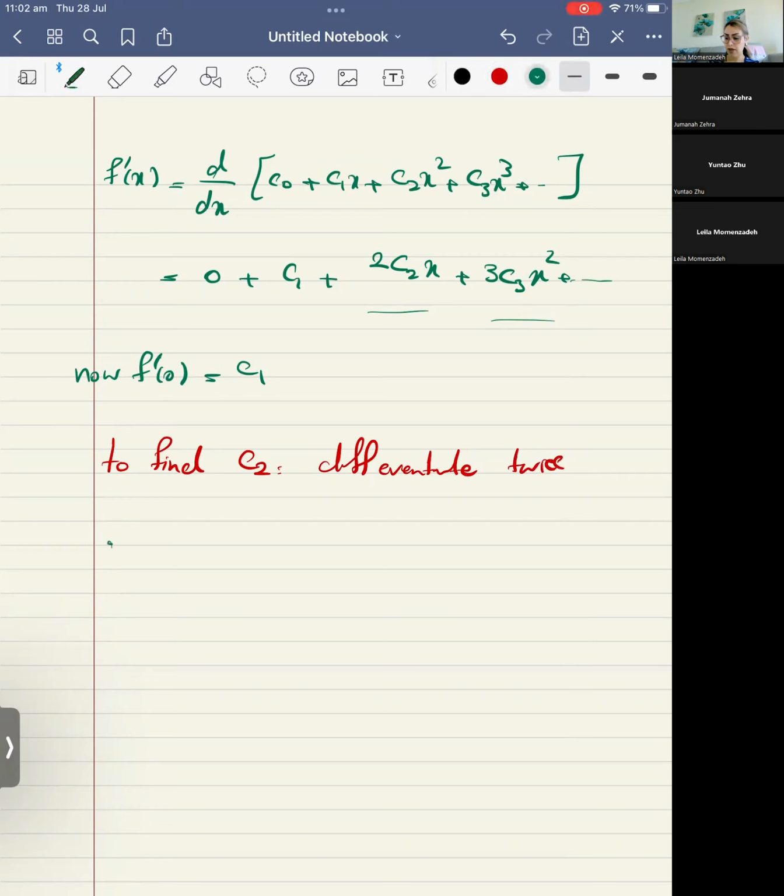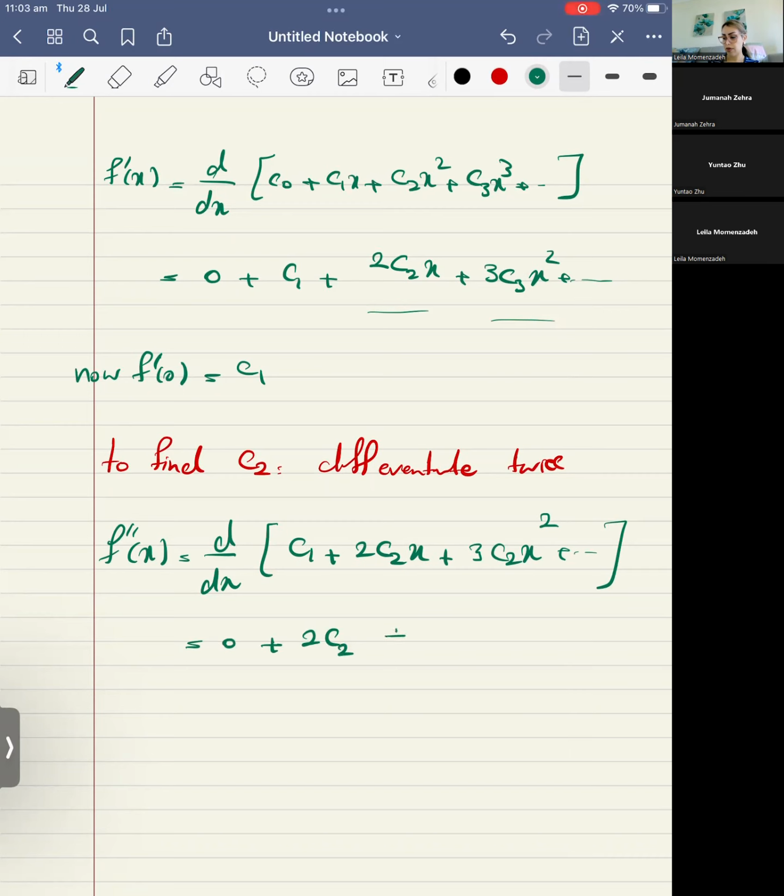Now f double prime of x is equal to d over dx of c1 plus 2c2x plus 3c3x squared and so on, which would be equal to 0 plus 2c2 plus 6c3x and so on.